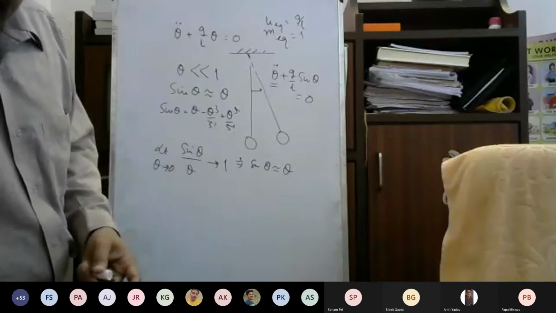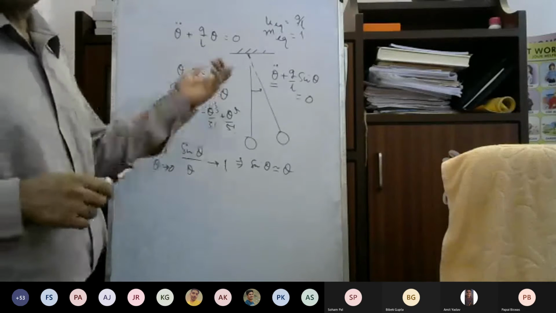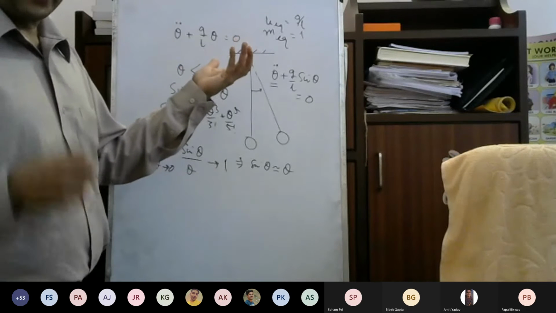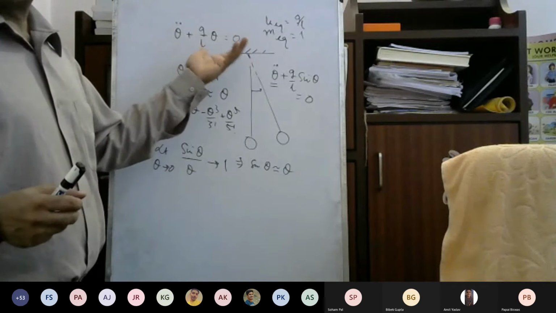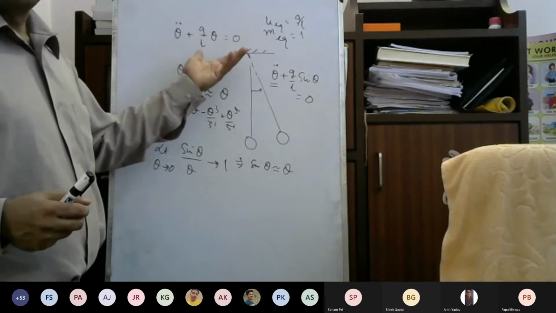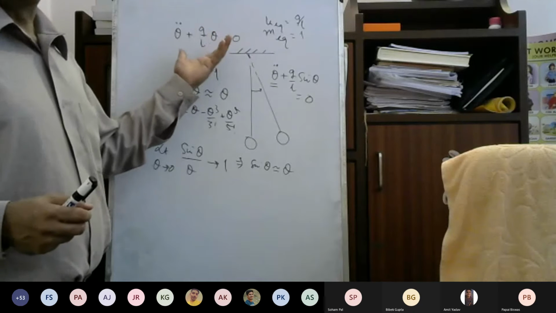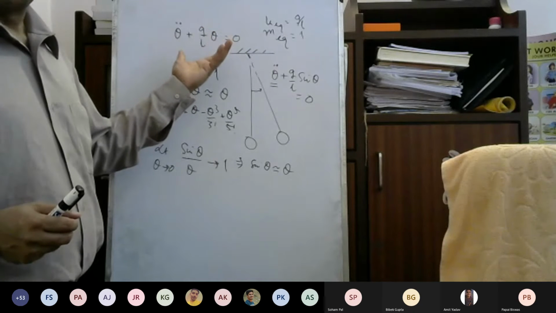The coefficient of the acceleration term we normally take as the equivalent mass, and the coefficient of x, here theta, the displacement, we take as the equivalent spring stiffness.